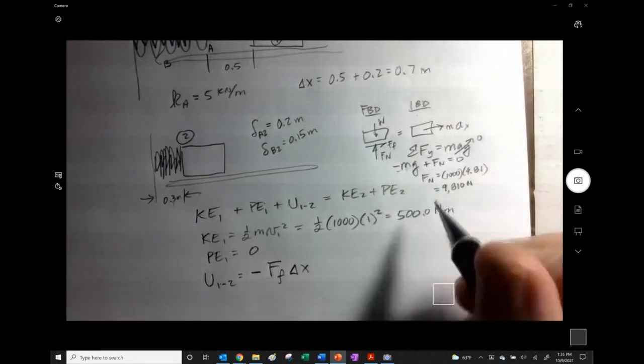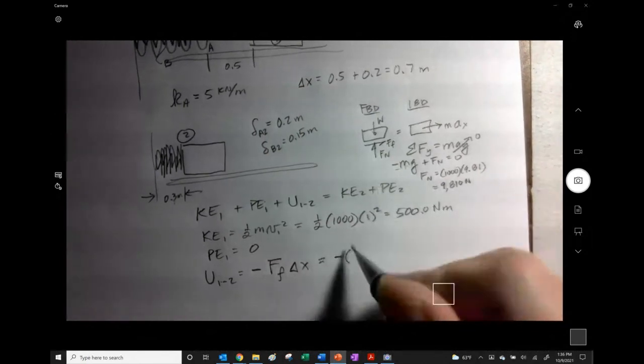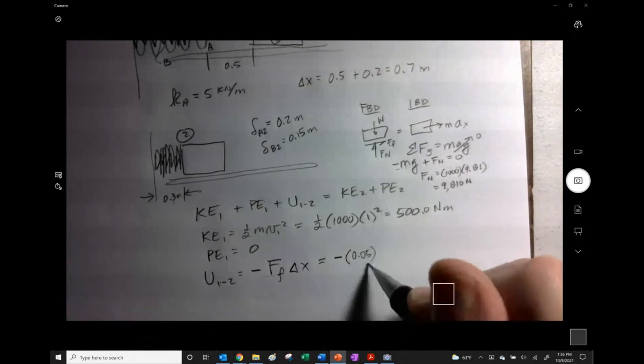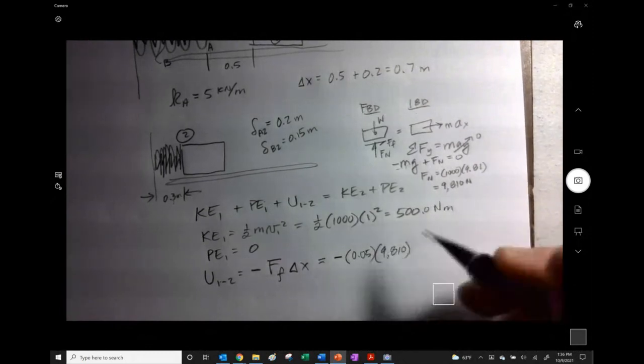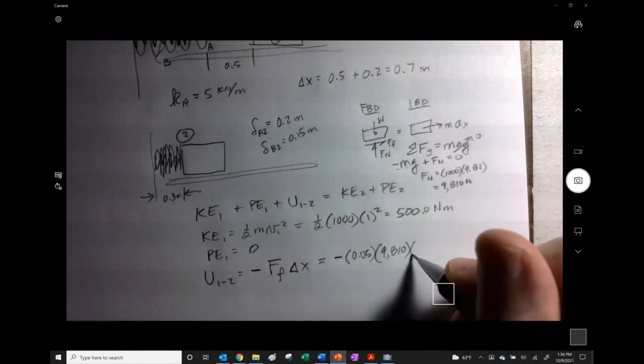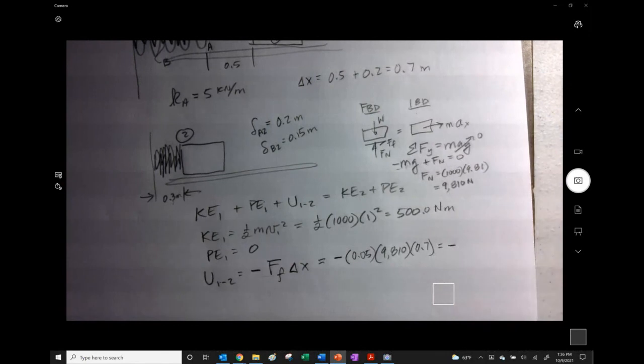for 9,810 newtons. So the friction force right here is going to be the coefficient of friction 0.05 times the 9,810, and times the distance it moves, 0.7. So we're going to get a negative 9,810 times 0.7 times 0.05.